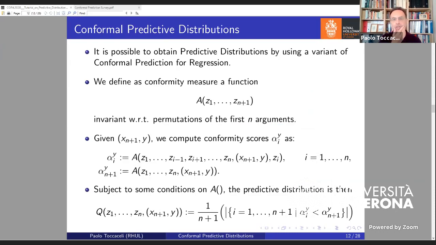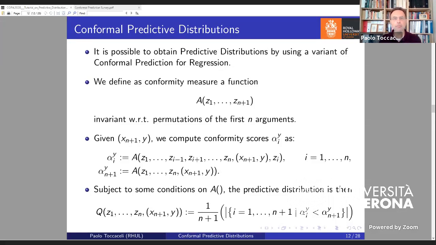So now we are in a position to talk about conformal predictive distributions. This is a general framework that allows us to obtain predictive distributions using a variant of conformal prediction for regression.